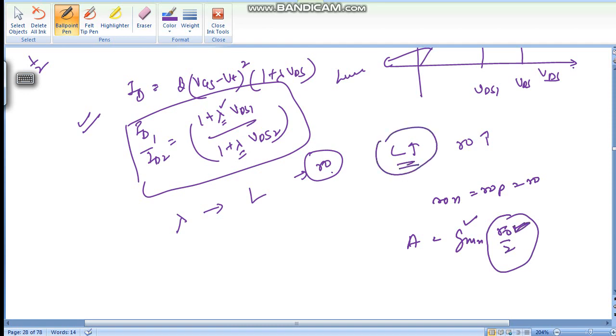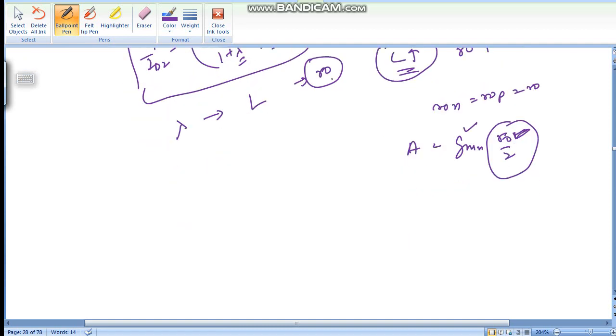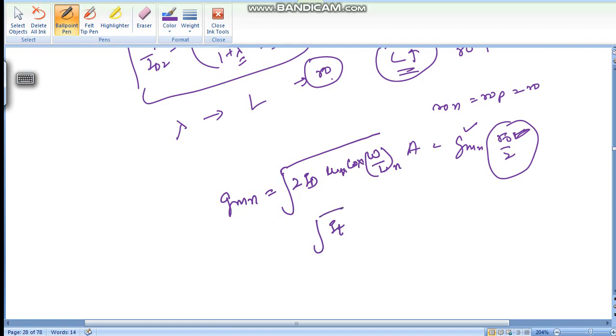From here we find out length, and from bandwidth we find out GMN, and GMN is the square root of 2 ID mu n COX times W by L of the NMOS. Now ID is IT, the tail current, divided by 2, so this will be the square root of IT times mu n COX W by L n.